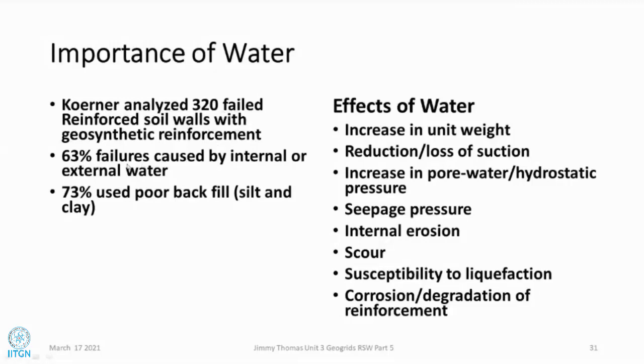It says 63% of failures are caused by internal or external water, and 73% used poor backfill, like silt and clay with a lot of fines. So when we have a combination of fine-grained fill, that means more fines, and water, you can expect trouble.